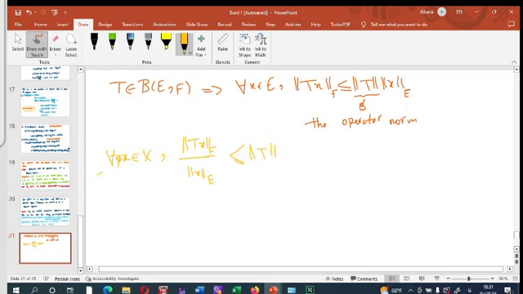So for any non-zero element x in E, because we consider a function from E to F, in E we have this inequality.